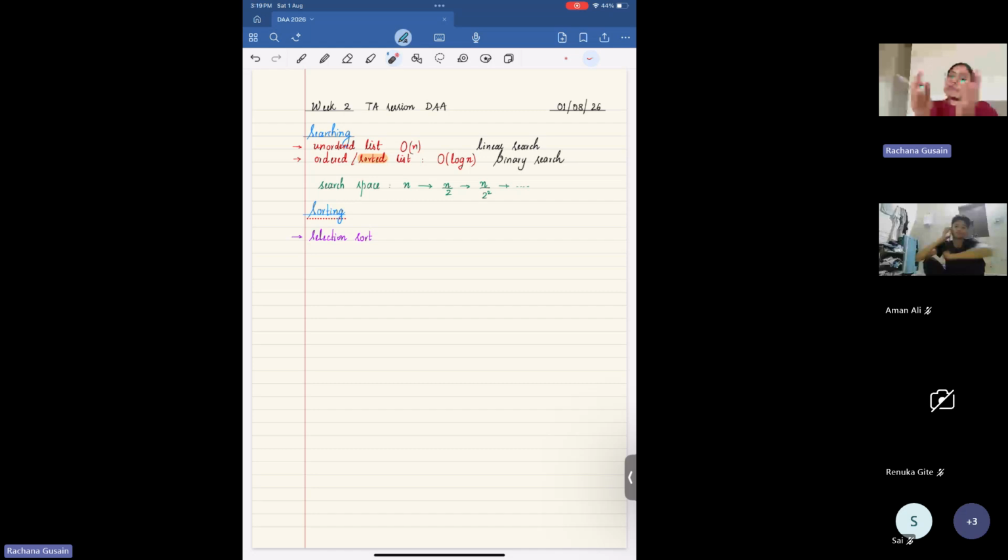So the first iteration takes order n time, then n minus 1, and so on up to 1, which sums up to 1 plus 2 plus up to n. What is the running time?